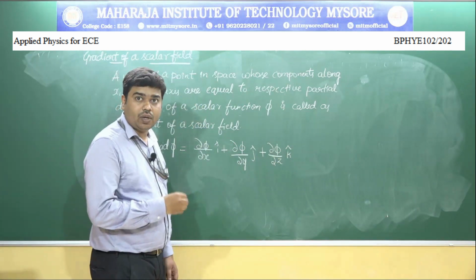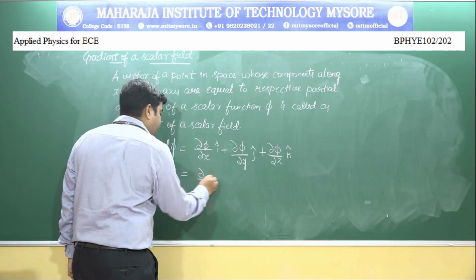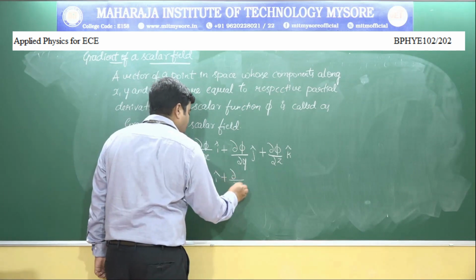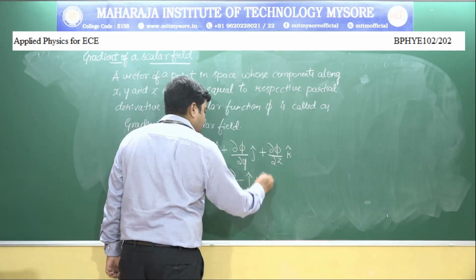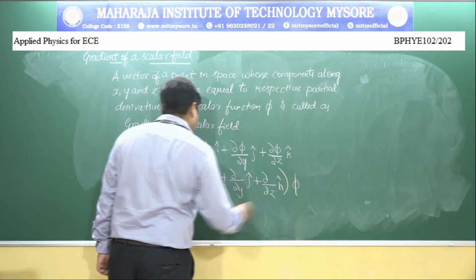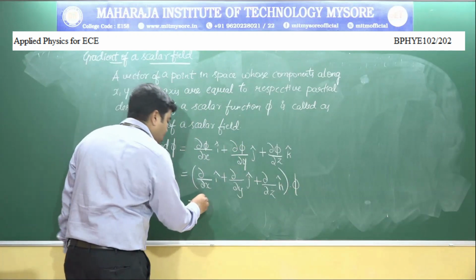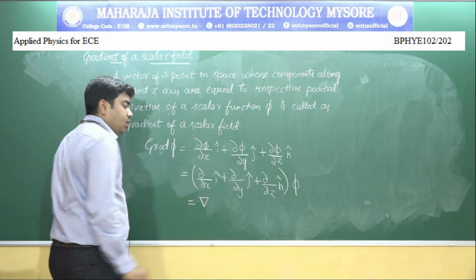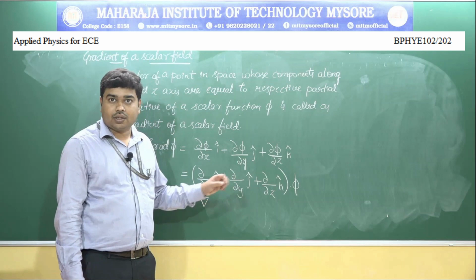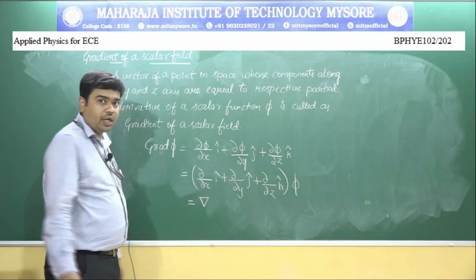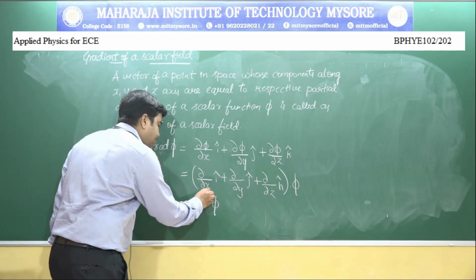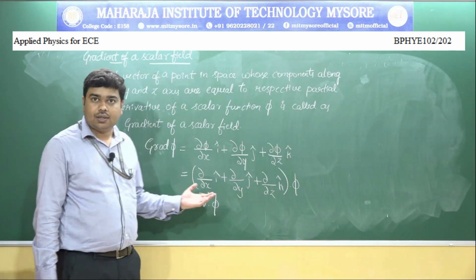Well, this equation can also be written as dou by dou x into i cap plus dou by dou y into j cap plus dou by dou z into k cap dot phi, or this whole sum of partial derivatives along x, y and z direction can be called as the operator del. We can write del phi. This is called as the gradient of a scalar field.